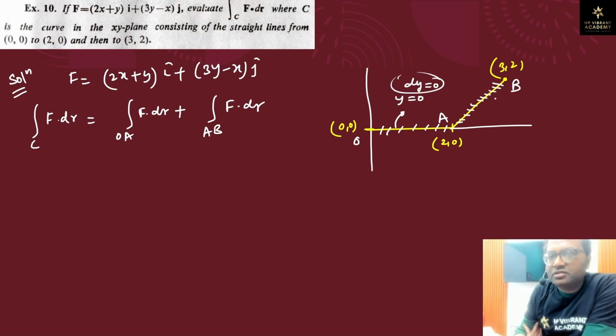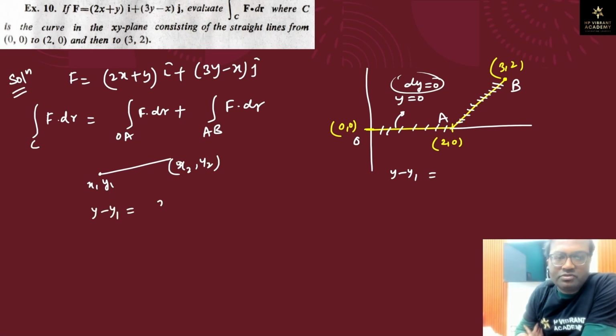And let us find the equation of AB. How we can find the equation of a straight line from point (x1, y1) to (x2, y2)? So y minus y1 is equal to (y2 minus y1) upon (x2 minus x1) into (x minus x1).